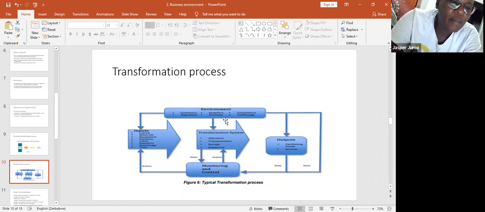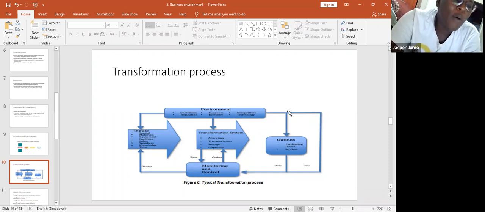And then the environment, you can see it has an arrow going into the transformation there. So as you have your customers, your regulations, your suppliers, your economy, all that can go back to the transformation system and then comes out as outputs.